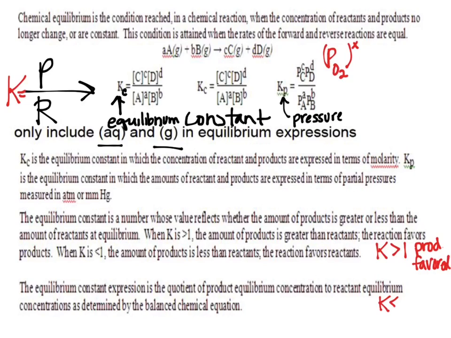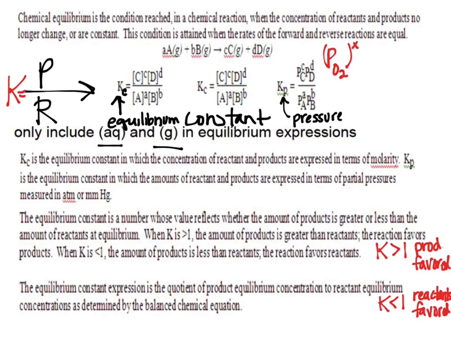If K is less than 1, if I give you a K value and I say the K value is 0.001, you would be able to tell me that the reactants are favored. Okay?